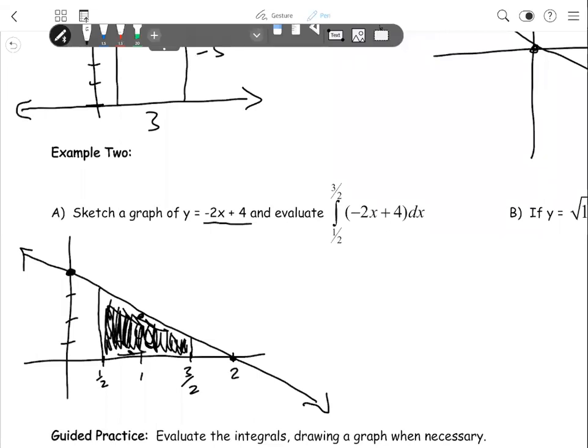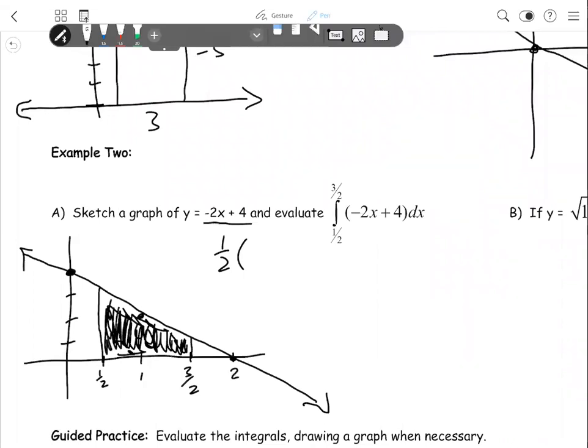And just like the last example, this is a trapezoid. So I need the height given by the x values. It goes from 1/2 to 1.5. So my height is 1. And then to get the bases, I'm going to take the bounds and plug them into the function. So I plug in 1/2. -2 times 1/2 is -1.